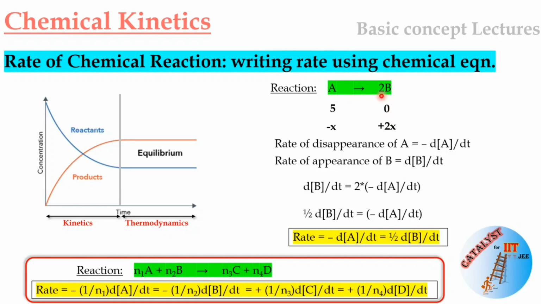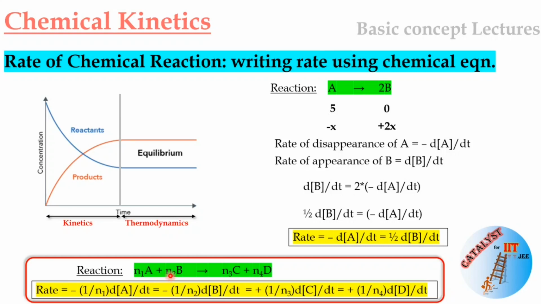Now the coefficient of this product is 2, so the coefficient becomes 1 by 2 here. Now if you try to write the rate of the reaction for a complex reaction, like n1 A plus n2 B getting converted into n3 C and n4 D, you can write the rate of the reaction as minus 1 by n1 into dA by dt. The minus sign is because of the reactants, and this n1 is the coefficient which comes as 1 by n1.